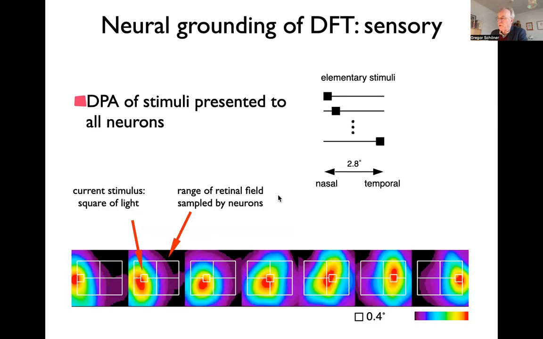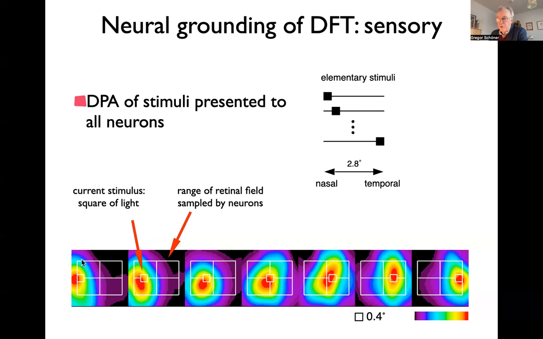So for instance, in the conditions we then studied, we had particular stimuli, localized little patches of light across different retinal locations that were presented to all cells, right? The receptive field was found out cell by cell, but then we presented these stimuli to all cells, not across different trials. And then based on that procedure, you can directly estimate the population representation of retinal location.